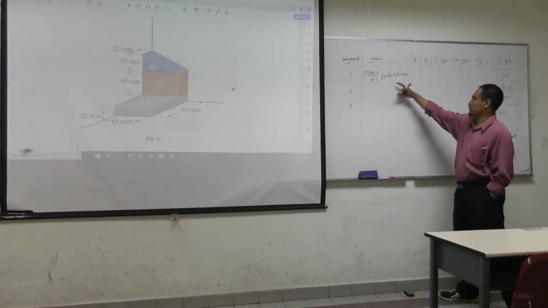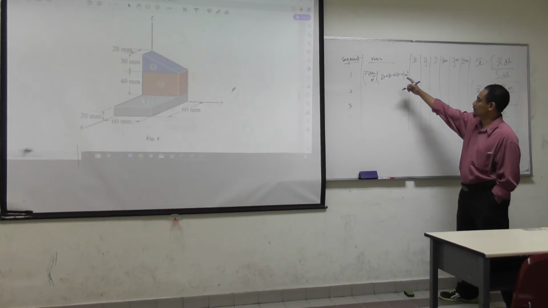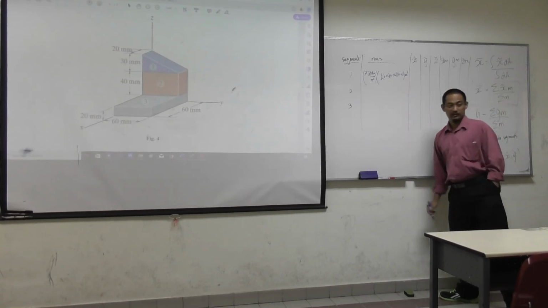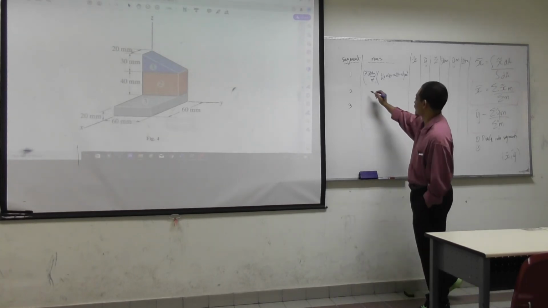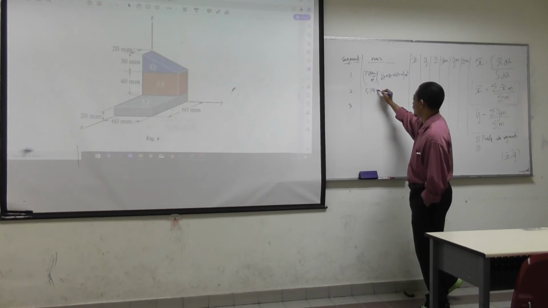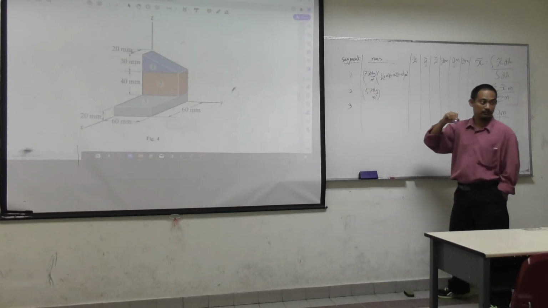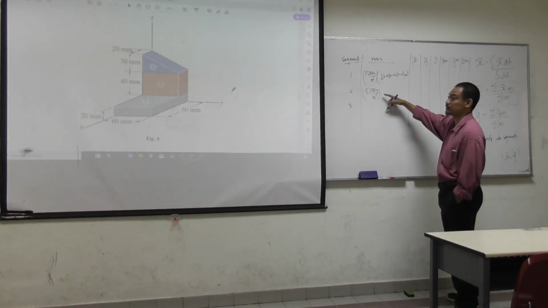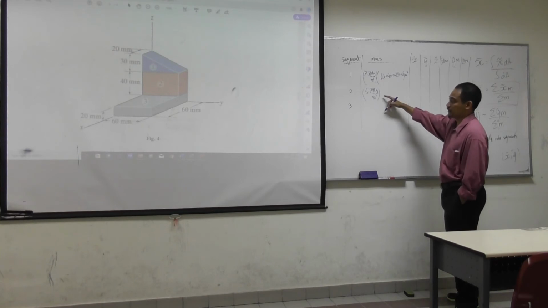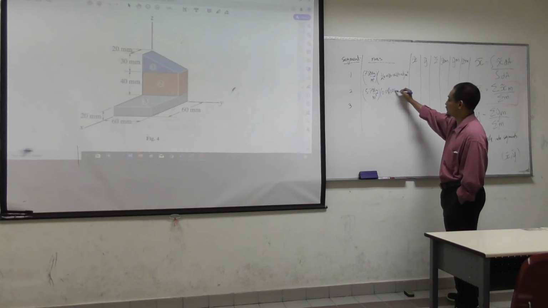If you use 30, 60 and 20, then it will be millimeter cube. Number 2, 5.7 megagram per meter cube. Mega is 10 power 6. Okay, what about this block? 0.04, 0.06, 0.02.